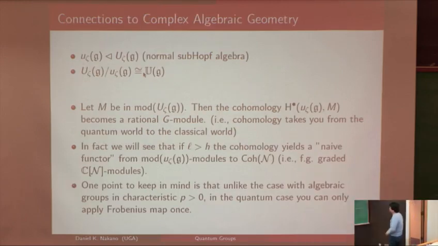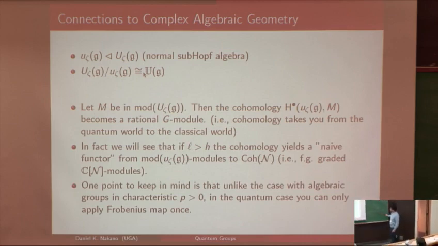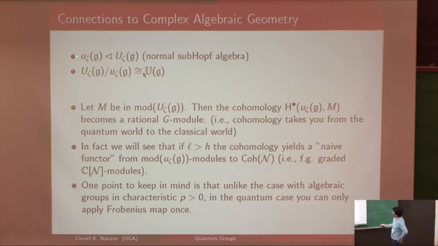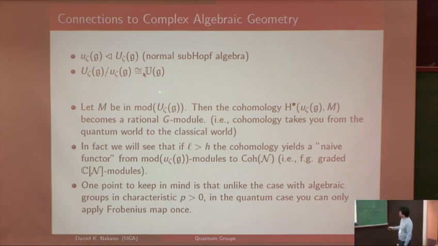All right, so now let me connect the quantum group theory to the world of complex algebraic geometry. The way we do this is we use cohomology. Recall that the small quantum group sits inside of this hyperalgebra or distribution type algebra here. And when I take the quotient of this, something really nice happens: I just get the universal enveloping algebra back again.